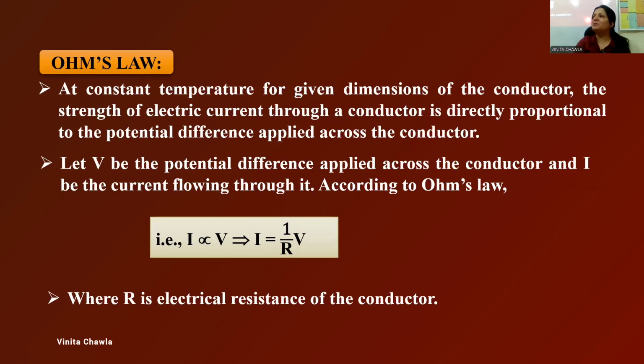The word resistance means something which resists, something which obstructs, because this is electrical resistance and we are dealing with charges which are moving. So there is something which is obstructing the flow of current, obstructing the flow of charges. There is something which is opposing the flow of charges, and that's resistance.